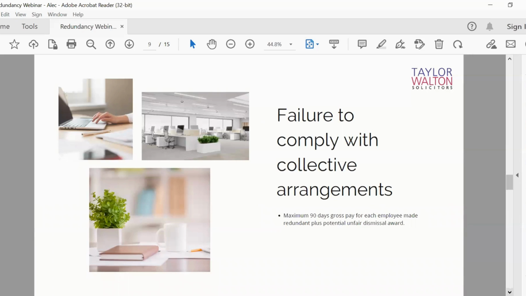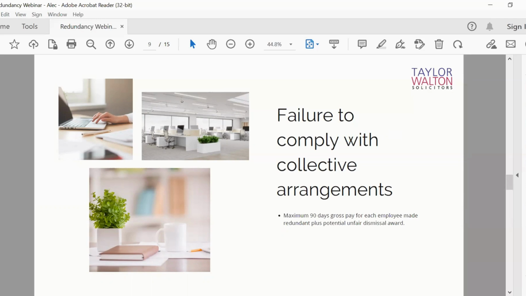And a failure to comply with collective consultation arrangements can be a hefty one. It's a maximum of 90 days' gross pay for each employee made redundant for a failure to collectively consult, plus a potential unfair dismissal award on top of that as well.